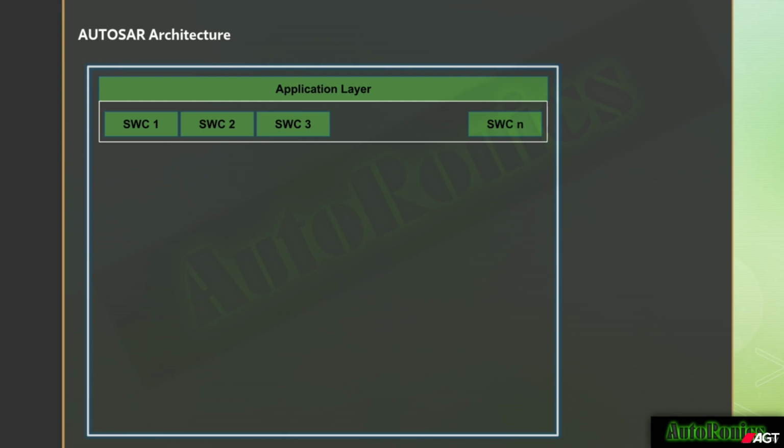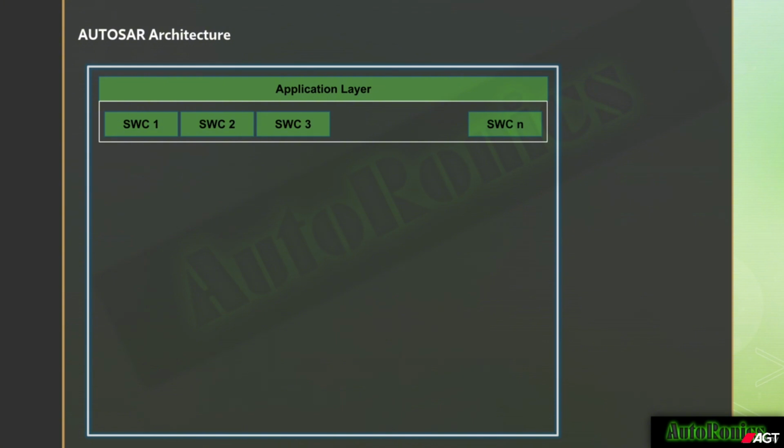So we can assume that automatic emergency braking is software component 1, lane keep assist is software component 2, and cruise control is software component 3. And the communication between each software component is enabled via specific ports using the virtual function bus. These ports also facilitate communication between software components and the AUTOSAR based software.